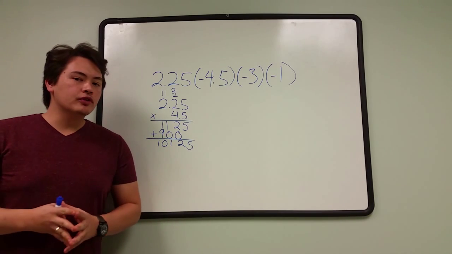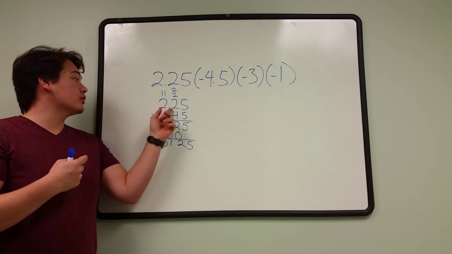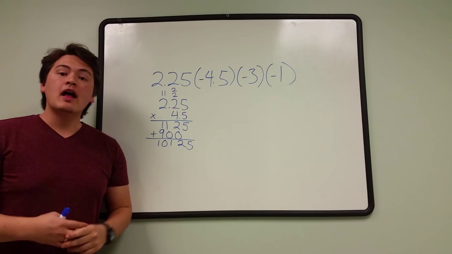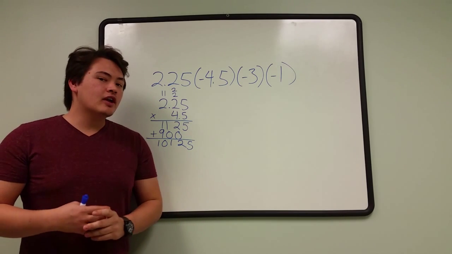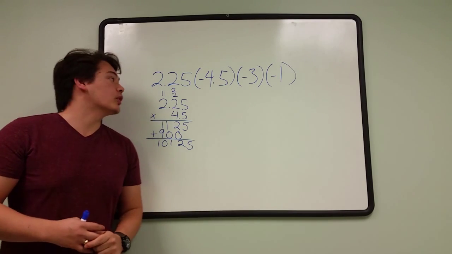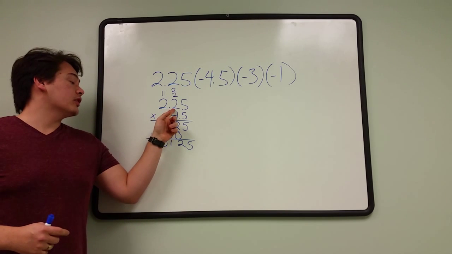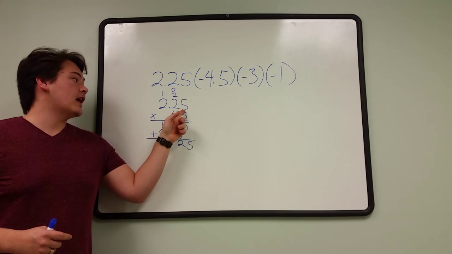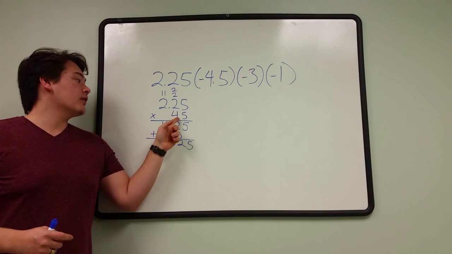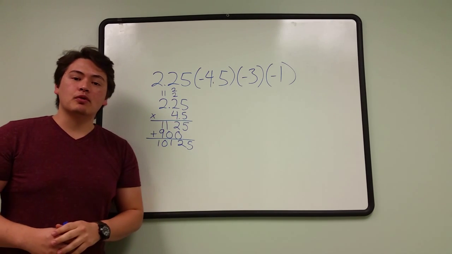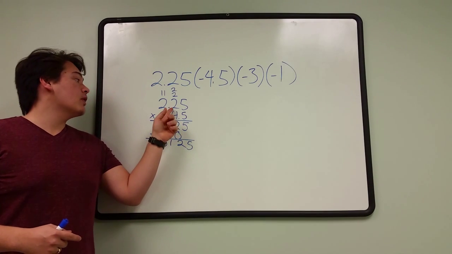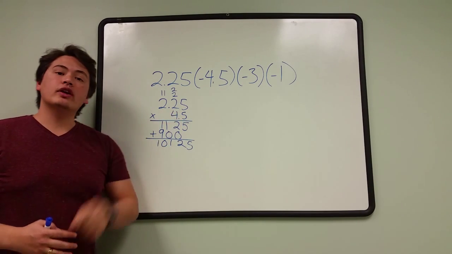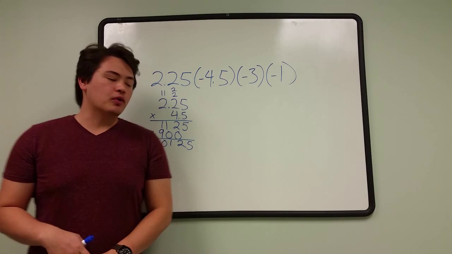So now that I just multiplied it like it was 225 and 45, I'm going to count how many numbers are beyond the decimal point. This number here has two numbers beyond the decimal point, the 2 and the 5, and we have one number here beyond the decimal point. So in total, we have 1, 2, 3 numbers beyond the decimal point.